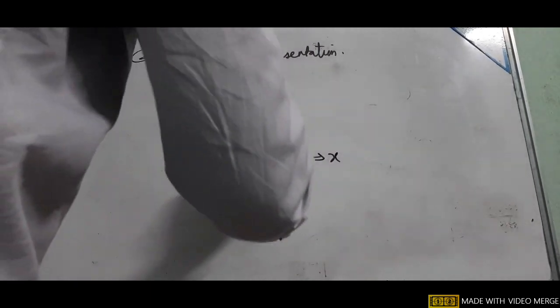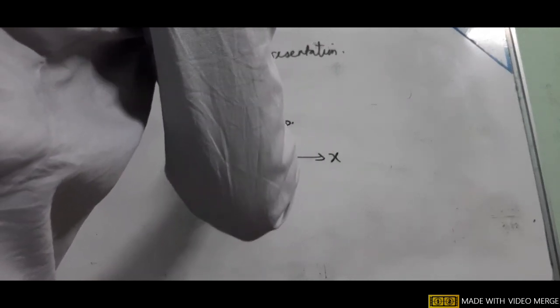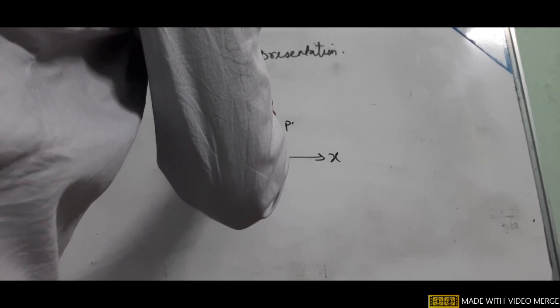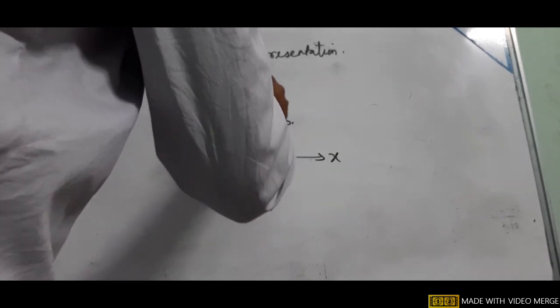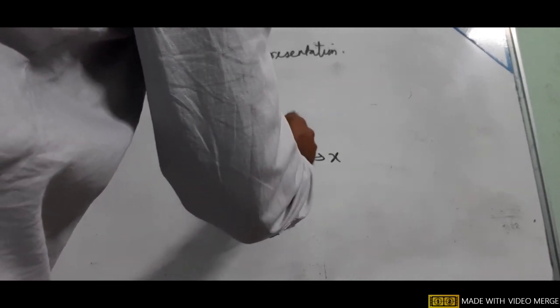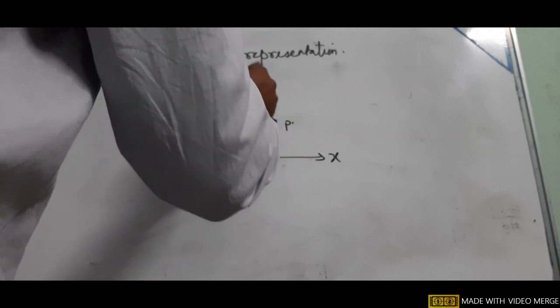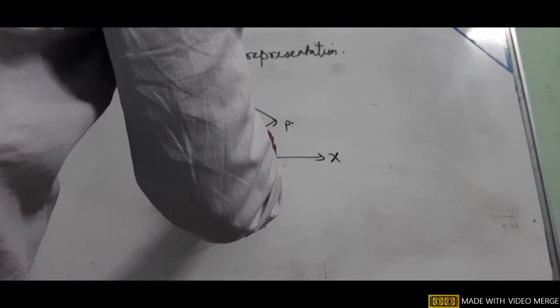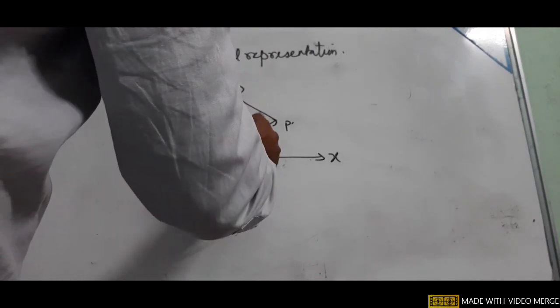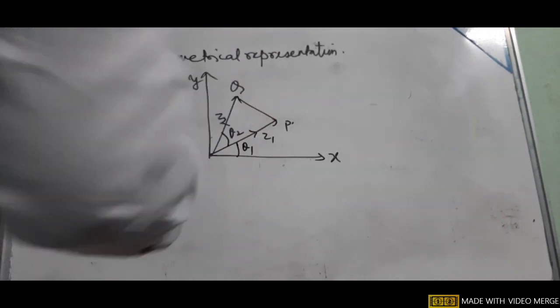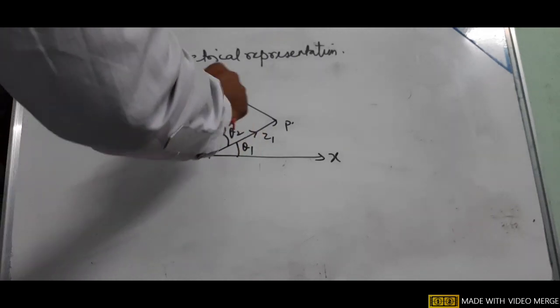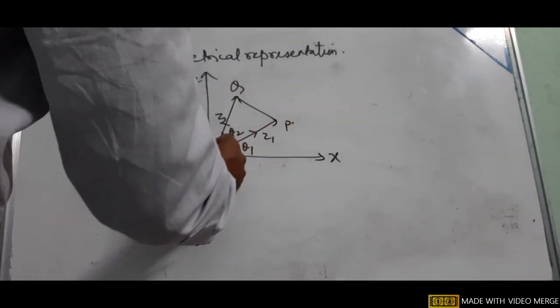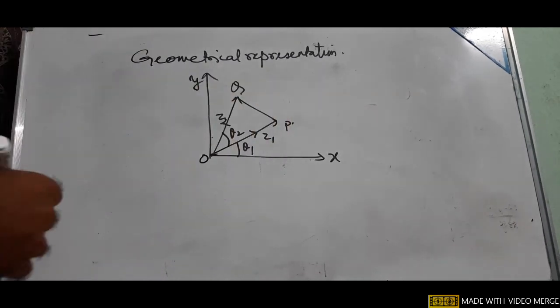You take the two complex numbers, this is P and this is Q, this is our z1, this is our z2, and join this, and this angle is theta 2 and this angle is our theta 1. This is O and P.